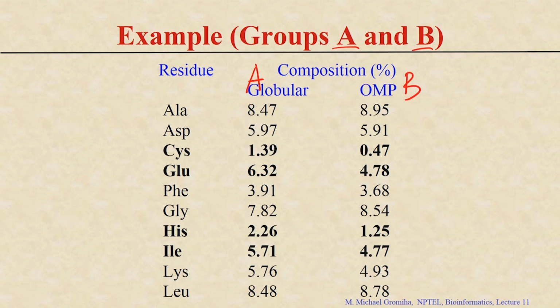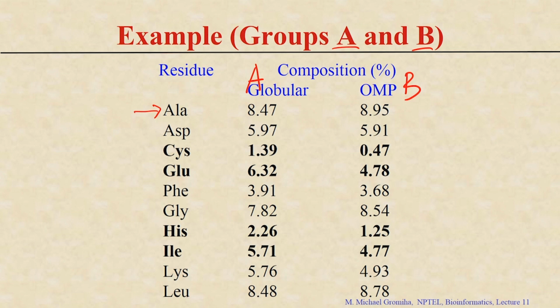When you compare these 2 values, for example, if you take alanine, for group A the value is 8.47 and for group B 8.95. If you get the deviation, this is almost similar, this is the average value, but if you consider the standard deviation, it will be plus or minus 0.1 or 2. So, in this case you will get similar numbers.